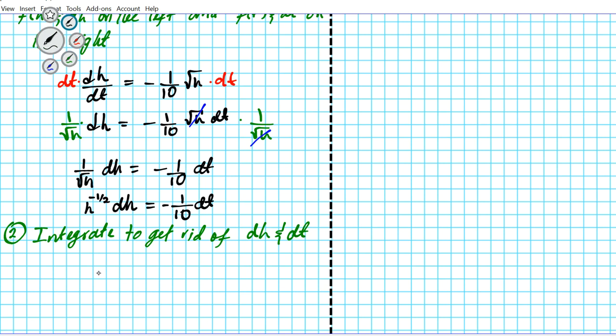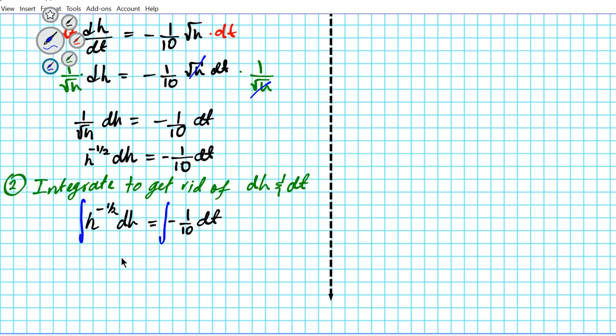Okay, so let's rewrite the equation. We have h to the negative 1/2 dh is equal to negative 1 over 10 dt. So let's go ahead and integrate both sides of our equation. On the left side, we're integrating with respect to h, and on the right side, with respect to t.